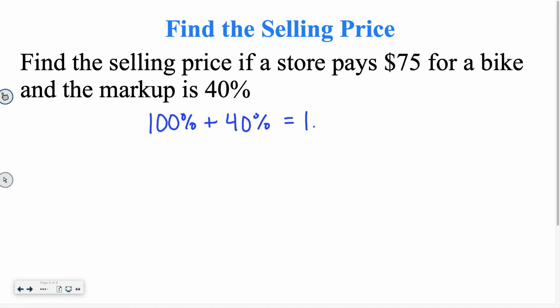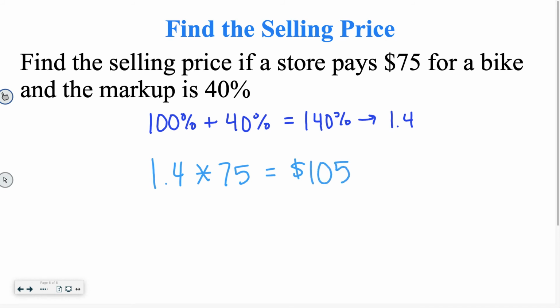So 100 plus 40 is 140%. As a decimal, that's 1.4. So then I take that percent as a decimal, 1.4, and I say times that $75, and I find out that even though the store only paid $75 for it, if I want it, it's going to cost me, as the buyer, $105. Okay?